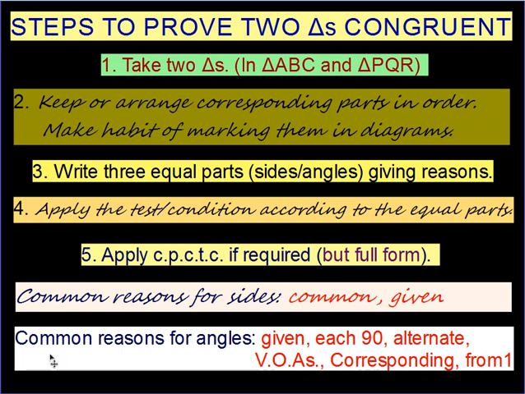Common reasons for angles: given, each 90 degrees when it is given perpendicular or right angle triangle or square or rectangle. Then alternate angles, vertically opposite angles, corresponding angles, or from above or proved above, or when we find it before we mark it 1 and then we use from 1. When I solve the sums, you will come to know these things. Please, you can take a screenshot also and use it like notes.